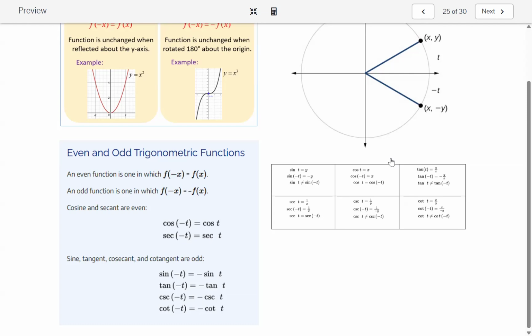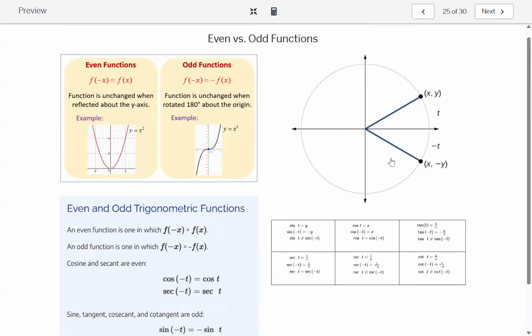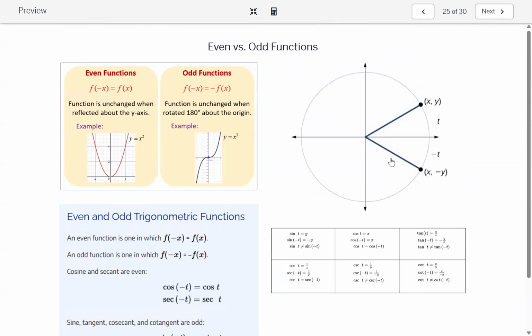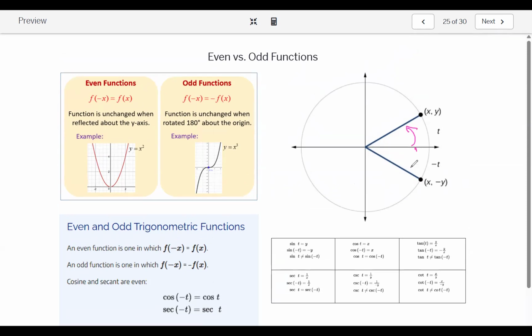So the trig functions also have these properties and they've got little proofs there for it. Mostly though, we can see it on the unit circle itself. The cosine of a positive angle versus the cosine of a negative angle, the cosine of those is the same because they're both positive x.